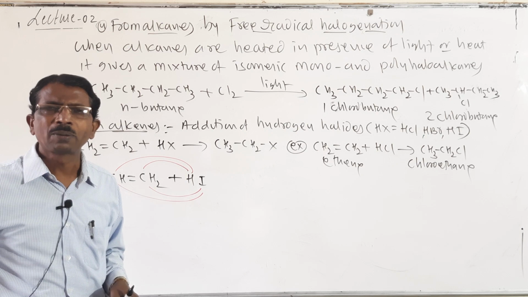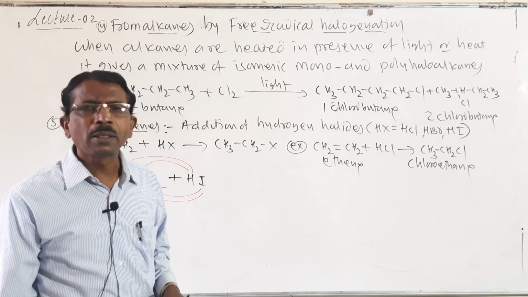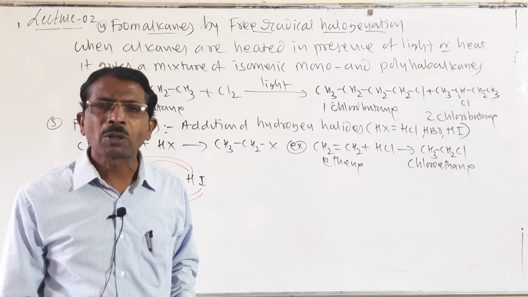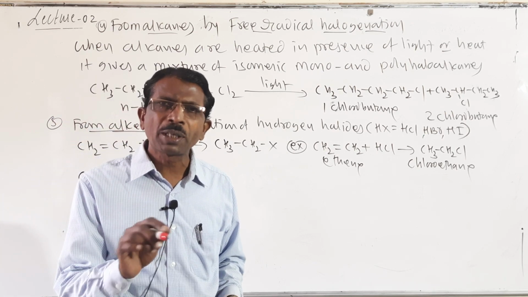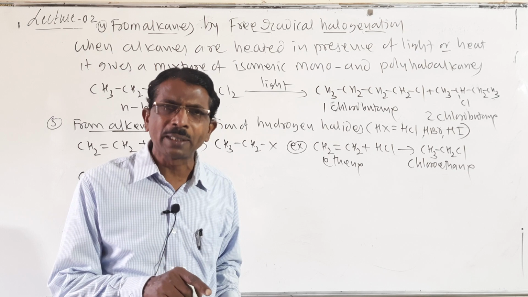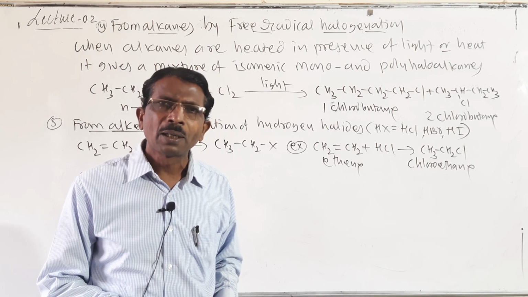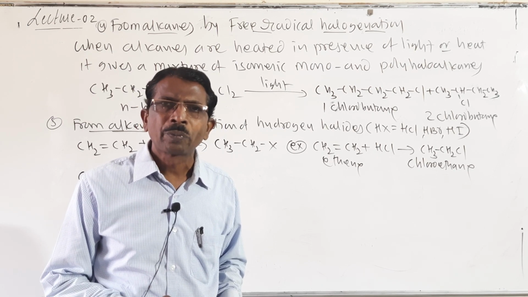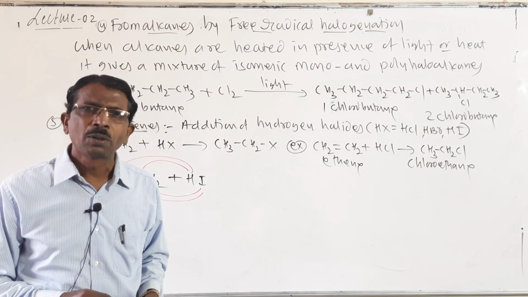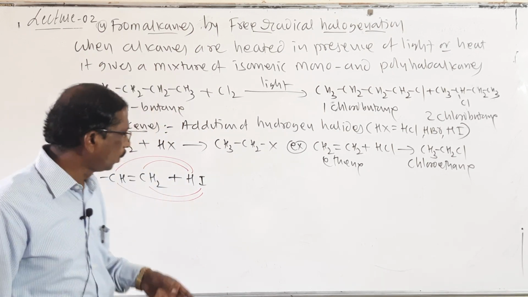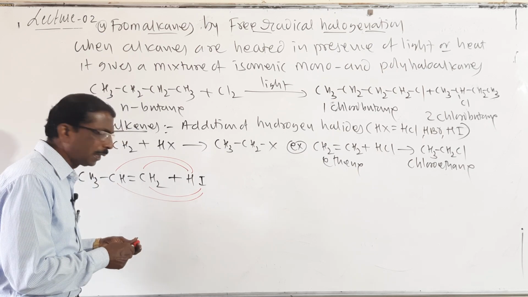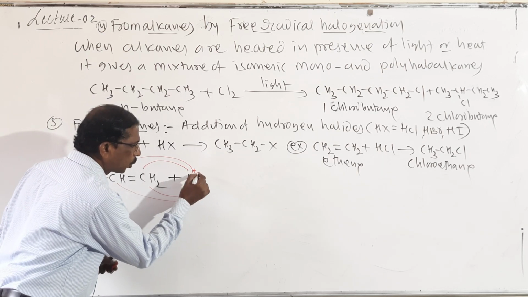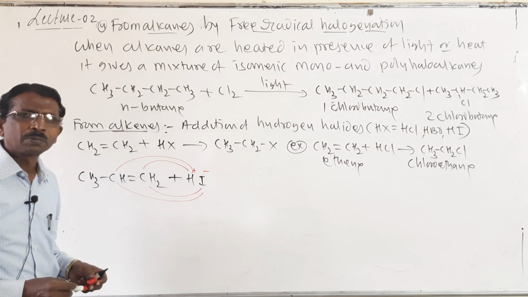Then which is right? As we learnt in PUC first year, that is called Markovnikov's rule. Whenever the hydrogen halides or halogen acids are adding to the unsymmetrical alkene, it follows Markovnikov's rule. Then what is Markovnikov's rule? According to Markovnikov's rule, when hydrogen halide is added to an unsymmetrical alkene, here it is the positive part, it is the negative part.